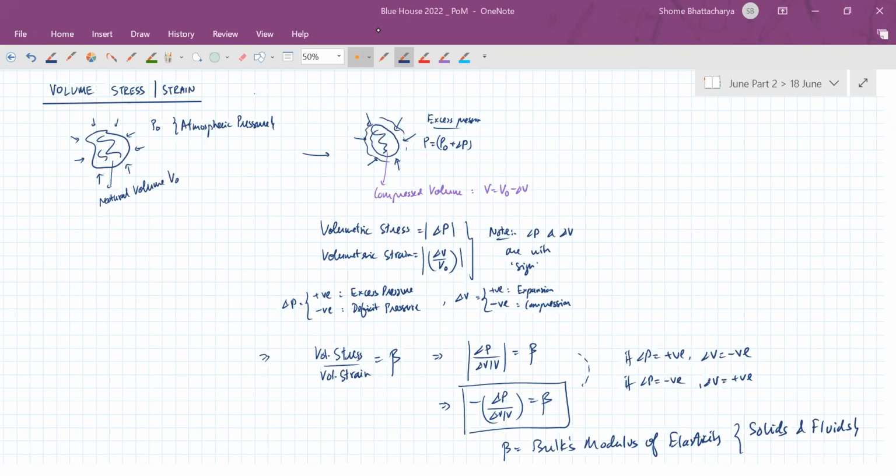But in gases, the value of bulk modulus depends on what kind of process is happening. If a gas is undergoing an isothermal process, it will have a different bulk modulus compared to an adiabatic process or some general polytropic process. So the value of beta for a gas is a path dependent quantity. It's not a state function, it's a path function.